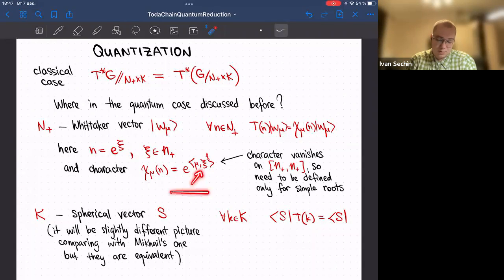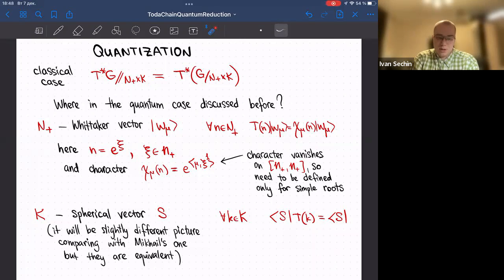And here it is presented. But we will use a slightly different picture.